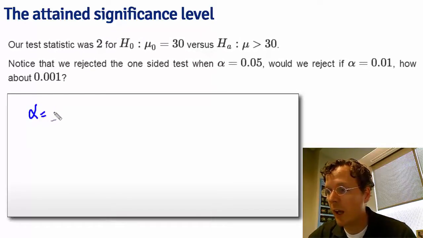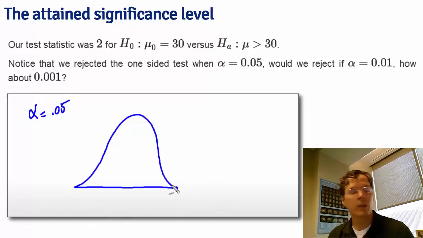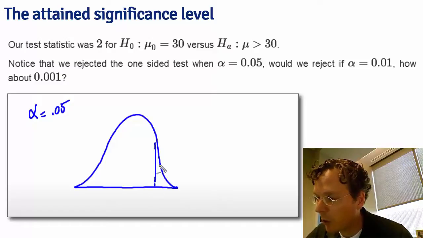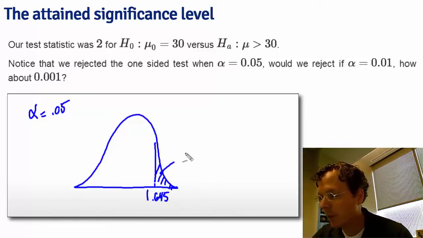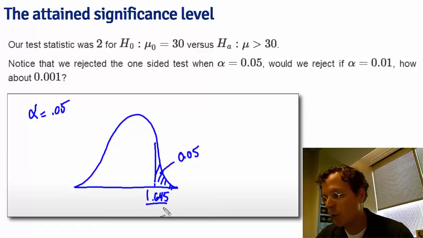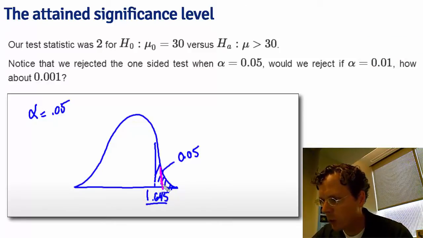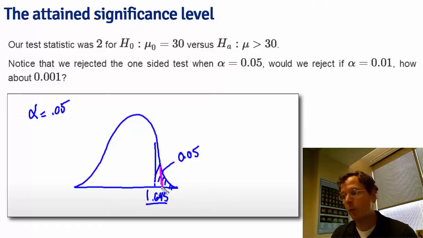If we set alpha equal to 0.05, we know that we would reject, because we know the rejection region and the quantile at 0.05 would be 1.645. Since 2 lies above 1.645, we would reject.